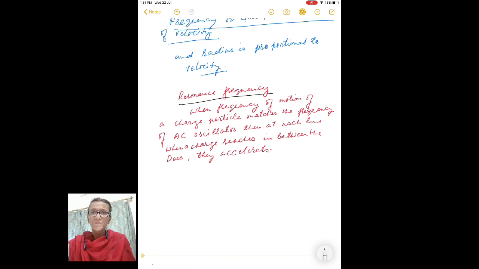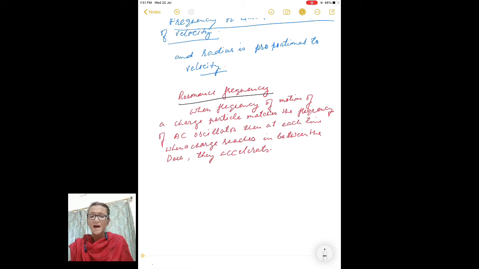One more thing, resonance frequency. When the frequency of motion of the charged particle becomes equal to the frequency of the AC oscillator, such frequency is called resonance frequency. So when the frequency is the same, the time period of the motion of the charged particle and the time period of the alternating current become the same.